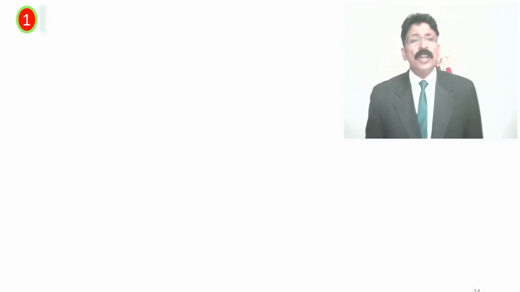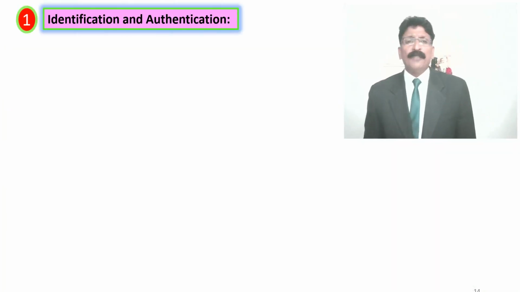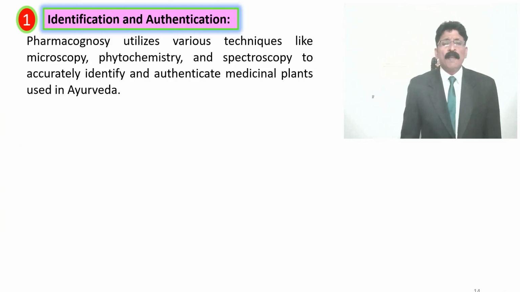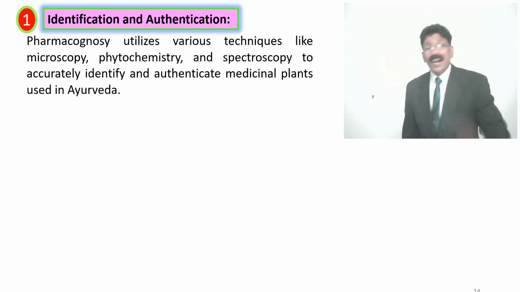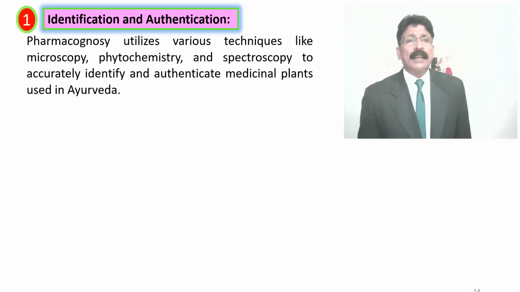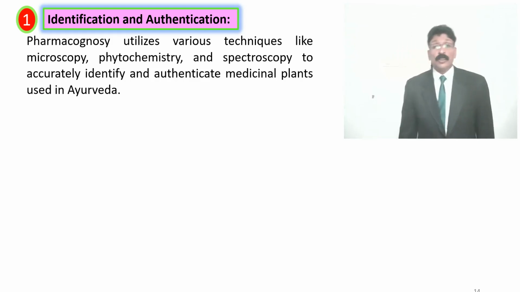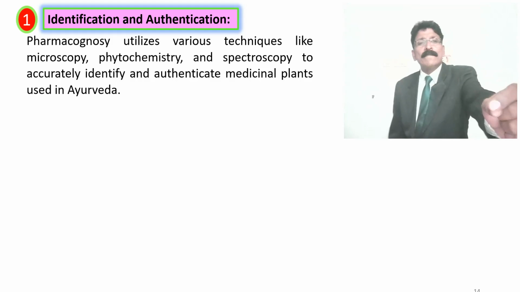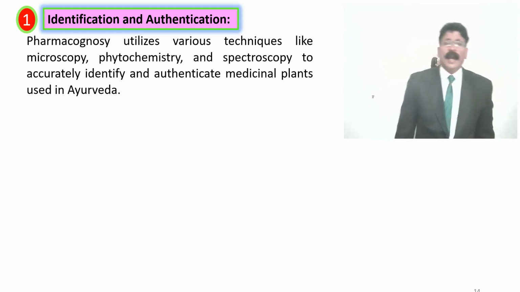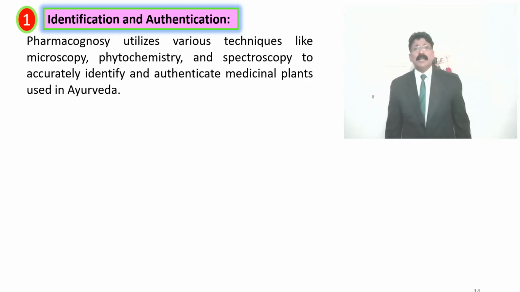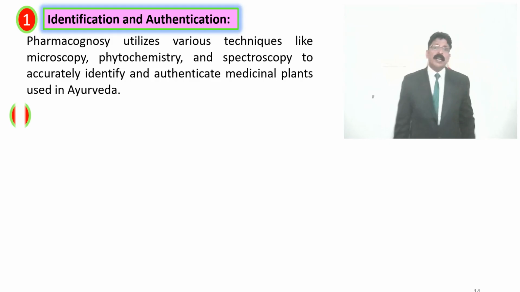So number one, when we talk about identification and authentication, pharmacognosy utilizes various techniques like microscopy, phytochemistry, and spectroscopic methods to accurately identify and authenticate medicinal plants used in Ayurveda.